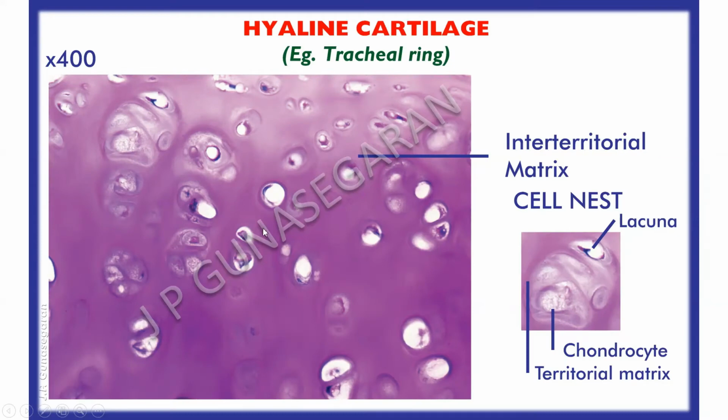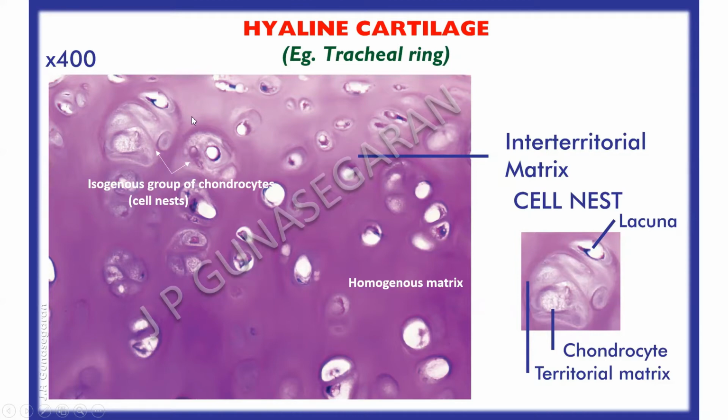This is a higher magnification of the same cartilage, showing isogenous groups of chondrocytes or cell nests embedded in homogeneous matrix. Isogenous group means the cells are derived from one parent cell by mitosis, and by this process the cartilage grows by means of interstitial growth.